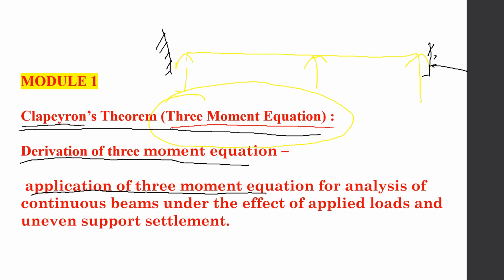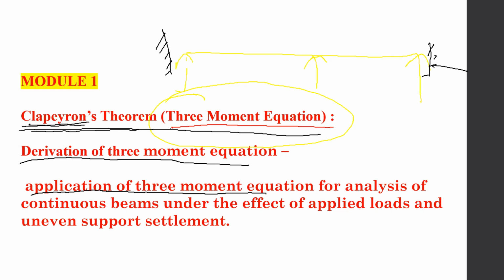Before discussing Clapeyron's theorem, you need to know what a continuous beam is, what the indeterminacy of a continuous beam is, and how to determine it. What is the difference between the bending moment of a simply supported beam and a continuous beam or fixed beam?